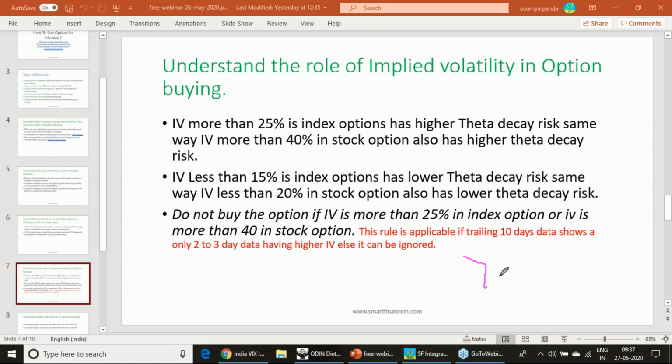Very carefully listen to this. As long as this VIX maintains above 30%, you can ignore this rule. If your past 10 days VIX is above 30%, then you must ignore this. So this is the way you should understand the behavior of implied volatility in options.